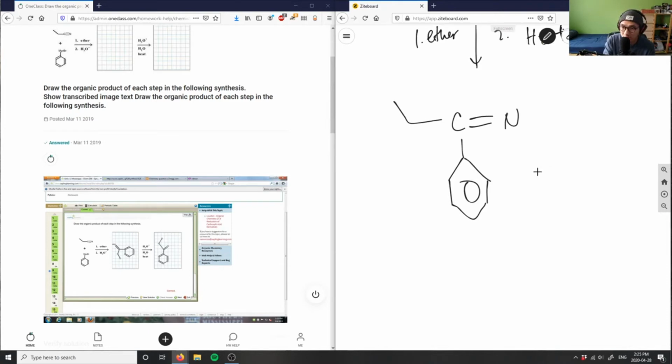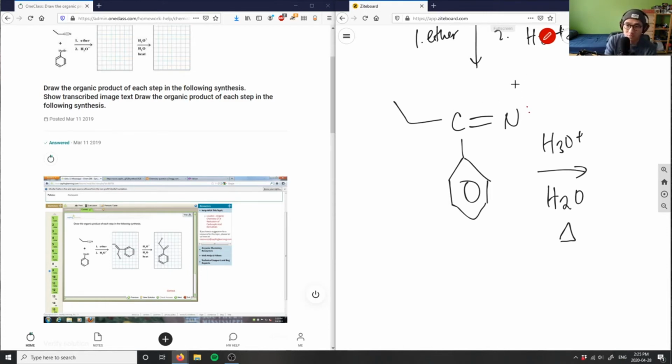That's my fault here. And then finally I have H3O plus and H2O in heat. And what that's going to do is it's not going to affect the benzene group here, but it's going to change this double bond N here, right? Because I have, again, lone pairs on this side here.